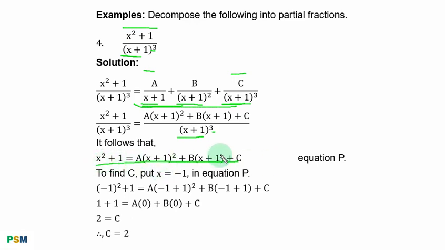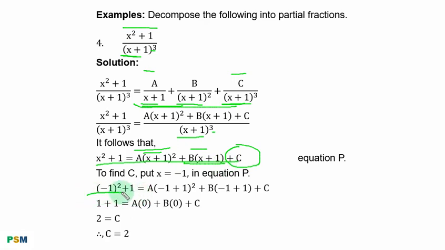From here, you can look for C because s plus 1 is common to A and B. So you have to turn A and B to 0 to find C, and that is only if s is equal to minus 1. If s is equal to minus 1, here becomes 0. 0 squared is 0 times A is 0, and here is also 0.